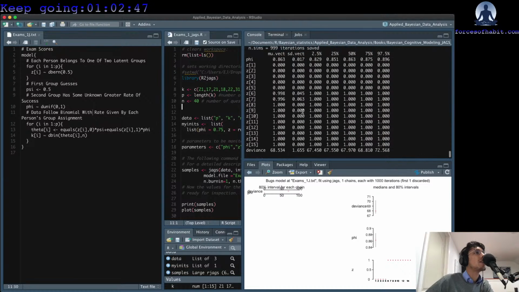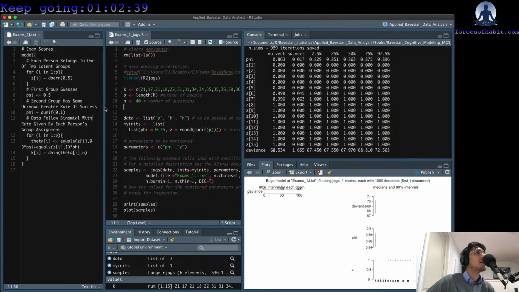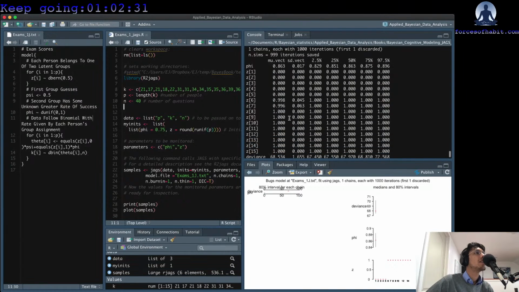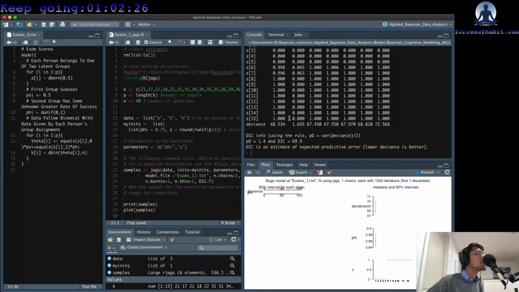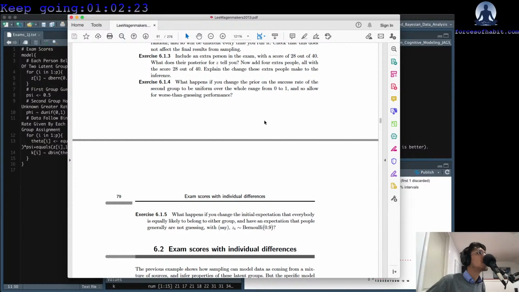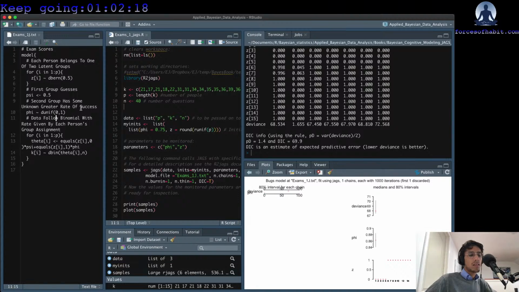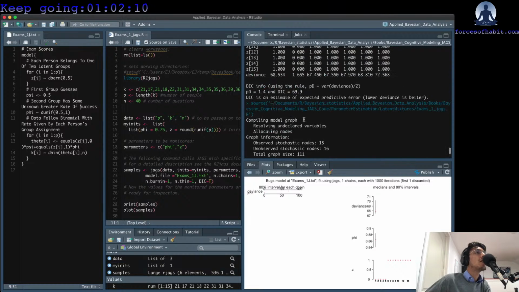Phi changes a little bit, but the partitioning between the two values is so clear that it doesn't seem like the prior impacted the data, or impacted our posterior in this case. Good. Yeah, no real impact here.